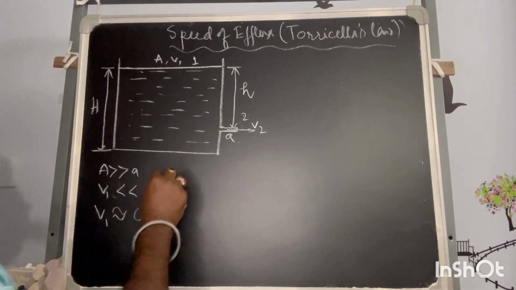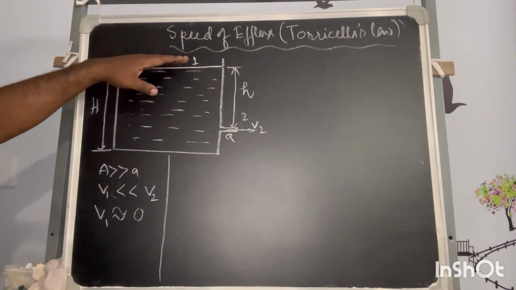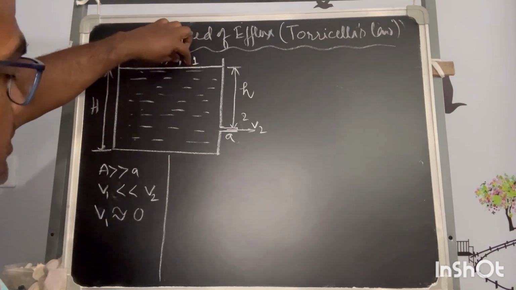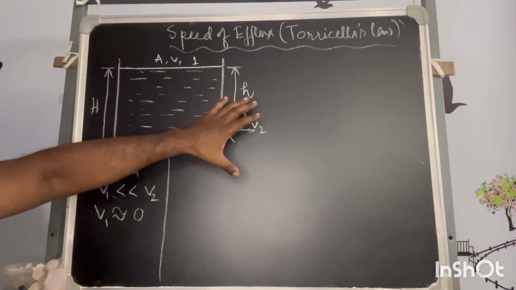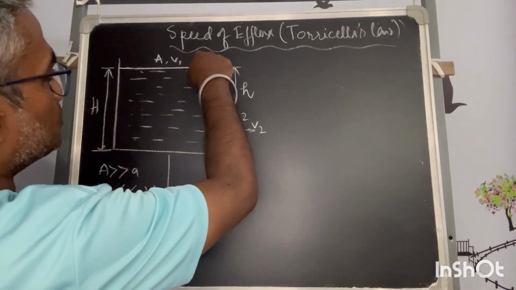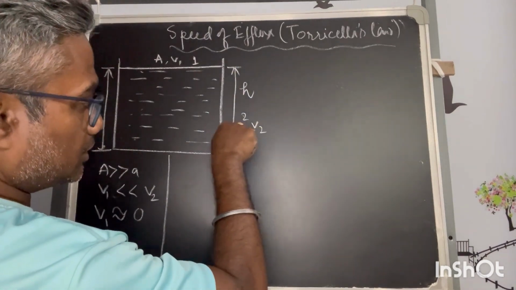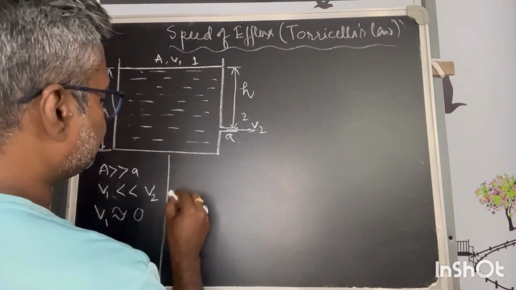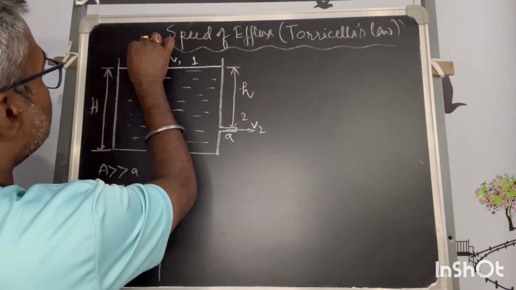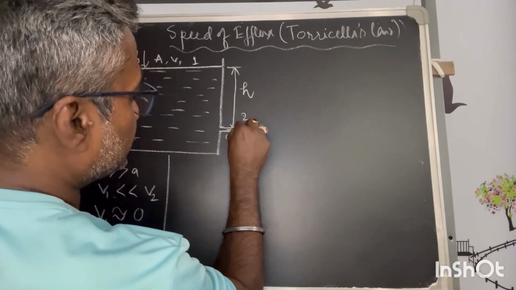With this assumption, I go and use the formula for conservation of energy. Because it is a streamline flow, you can assume conservation of energy between these 2 points: the surface, which is point 1, and the point from where the liquid is flowing through that small duct. The pressure here is P0, that means atmospheric pressure, and the pressure is also P0 at this mouth.